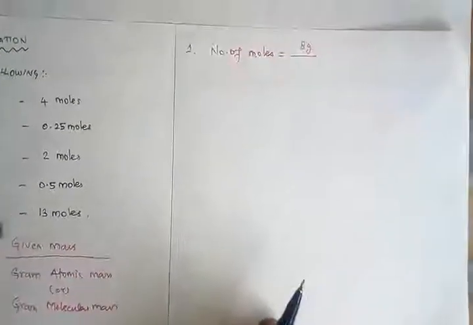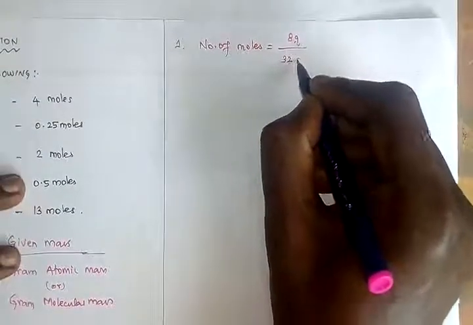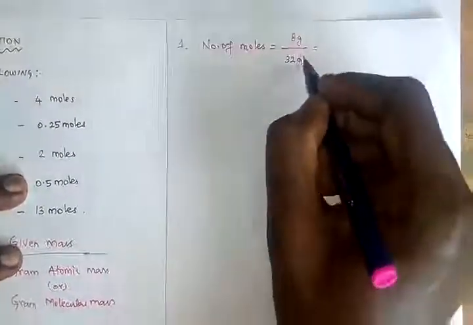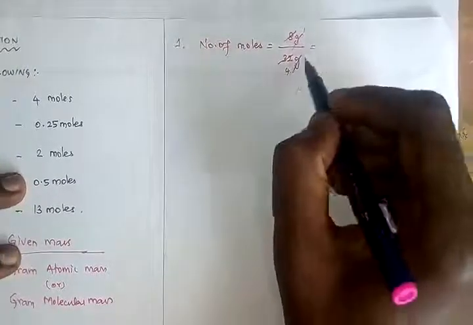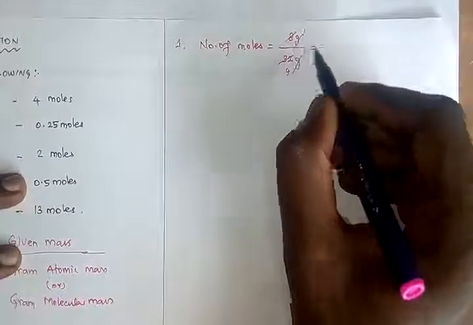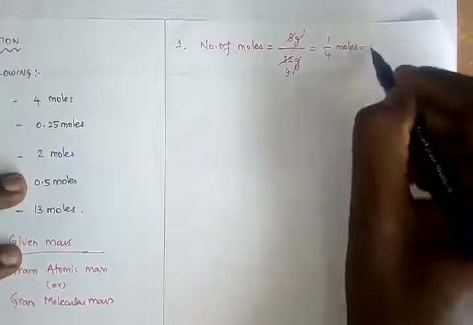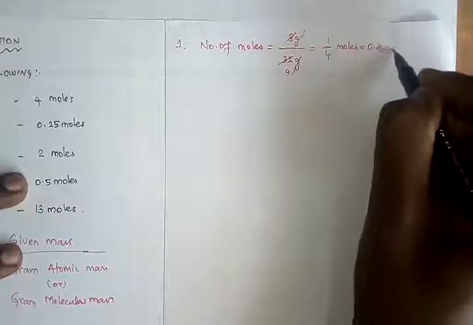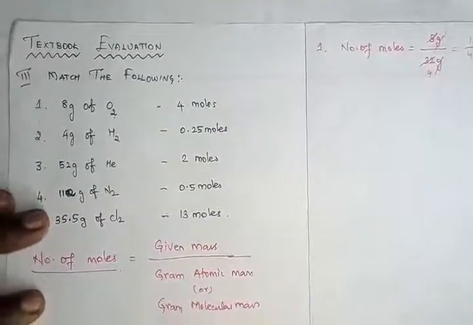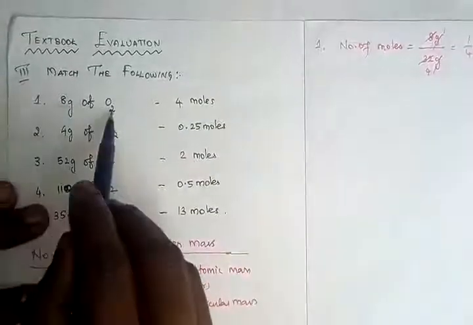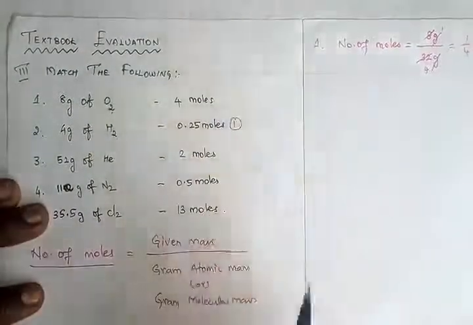Grams get cancelled. 8 goes 1 time, 32 is 4 times, or 4 into 8 is 32. So 1 by 4 mole, or 0.25 moles. Now check out the answer. 8 grams of oxygen is nothing but 0.25 moles. So that is our first option.